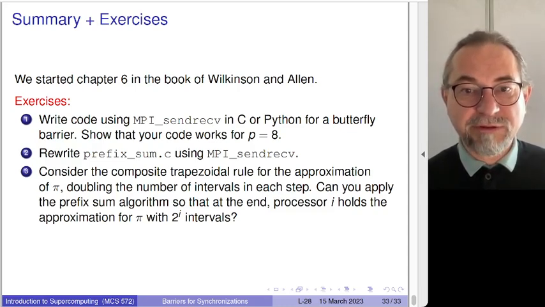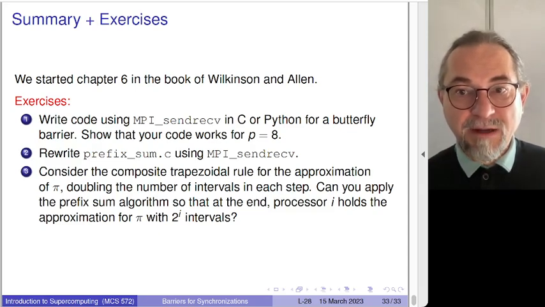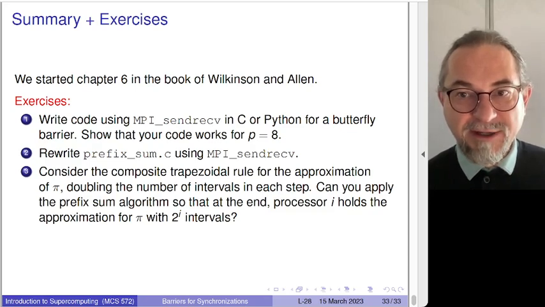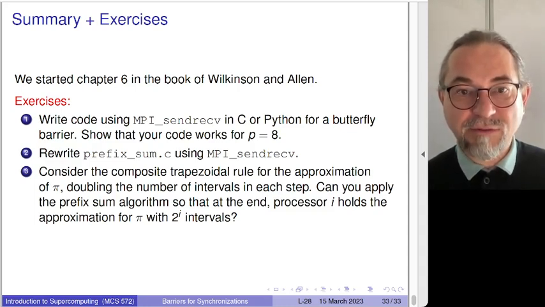So in composite trapezoidal rules, we double the number of function values in each step. And in a way, this has the benefit that you have an automated error estimate, that you can see how much the approximations are improving. So in some sense, the prefix sum algorithm also serves as an algorithm that computes the differences between the different approximations.